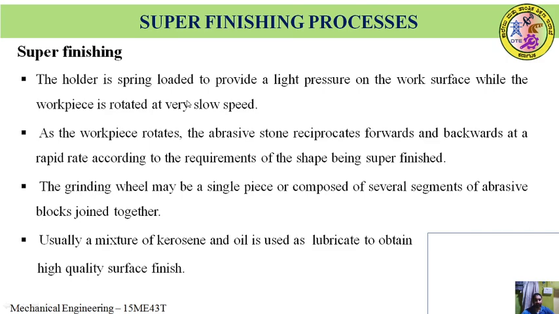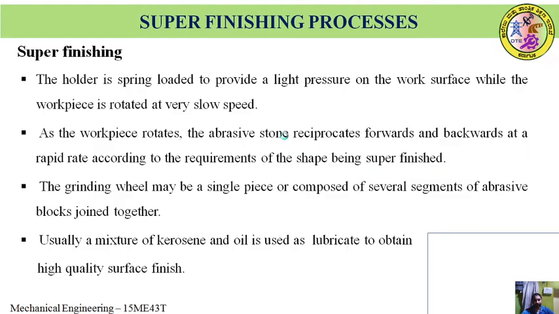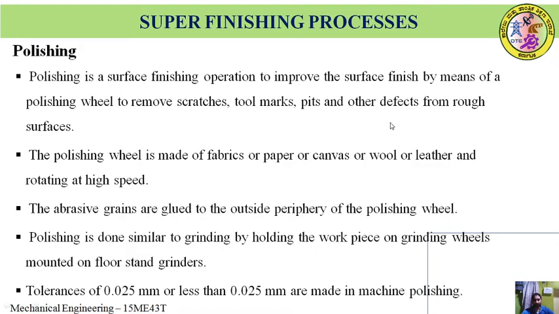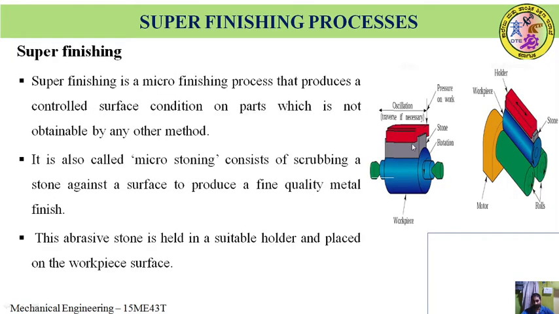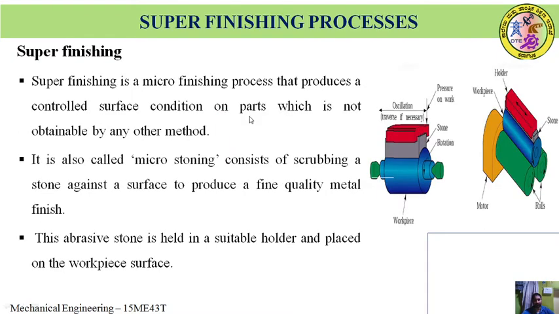The holder is spring loaded, which provides a light pressure on the work surface in order to remove metal from the workpiece, while the workpiece is rotated at very slow speed. The spring pressure of the stone holder applies the force on the workpiece.